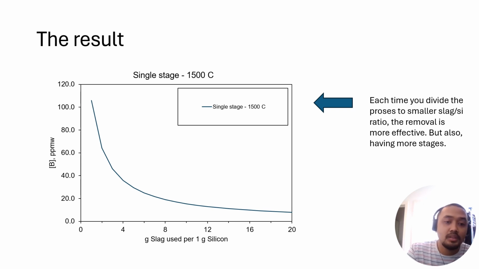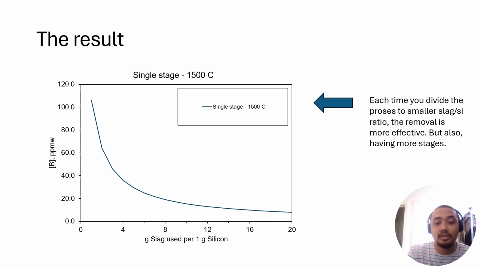So imagine this is the boron concentration in the silicon using 10% alumina, 45% calcium oxide and silica at 1500 degrees Celsius. The boron left inside the silicon, if you use only a single stage, no matter how much more slag you add into the process, you will never get anything below 10 ppm basically.